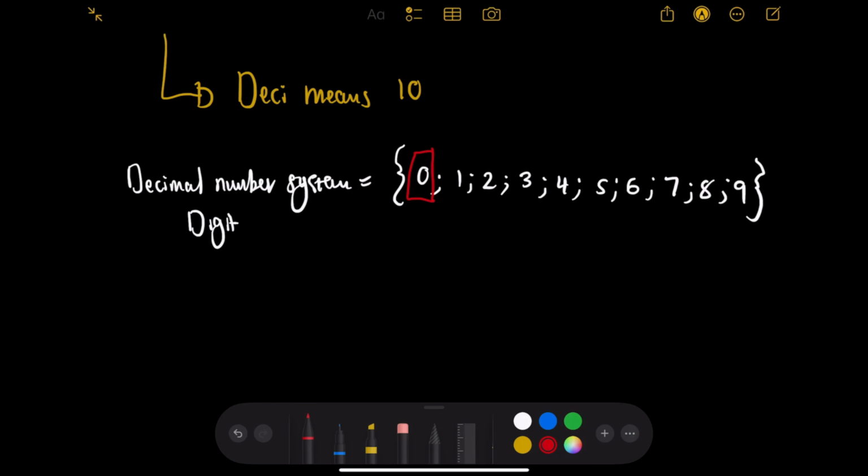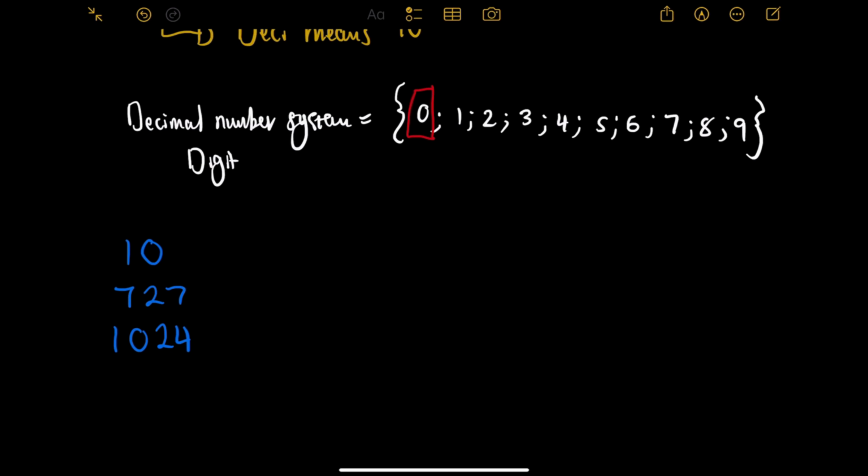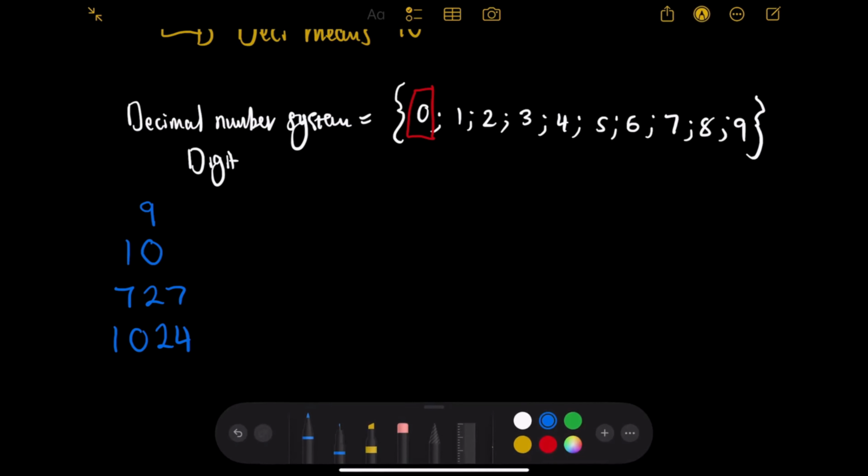So just as shared previously, the arrangement of these digits basically produces numbers. However, there is a way to describe the numbers according to the digits they contain.